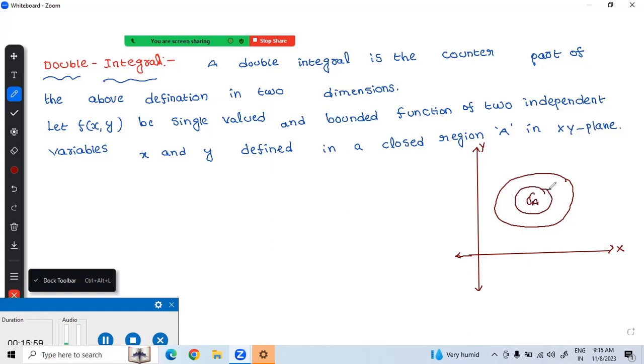So two independent variables, so two dimensions. So this area is found out.